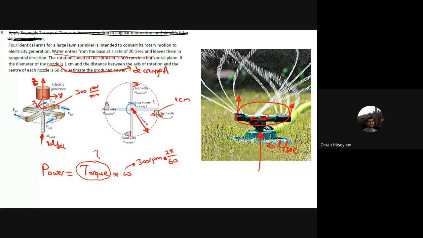When the fluid leaves in that direction, by Newton's third law, the system will rotate in the opposite direction. It will be omega. The system will rotate in that direction, but the fluid will leave in the opposite direction. This is Newton's third law.